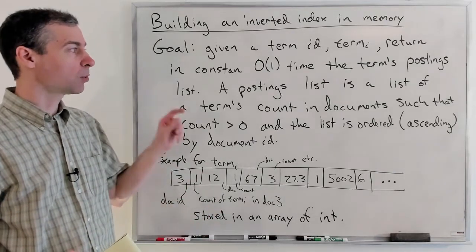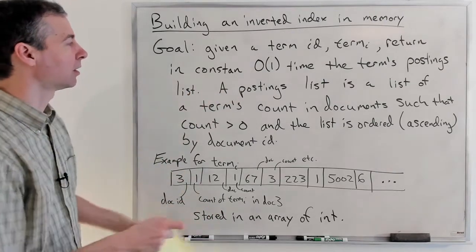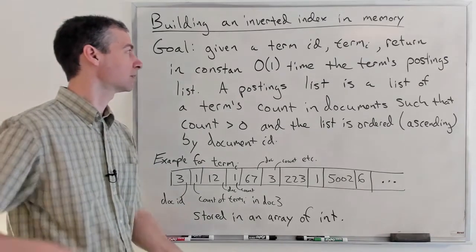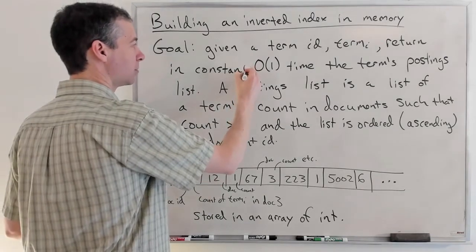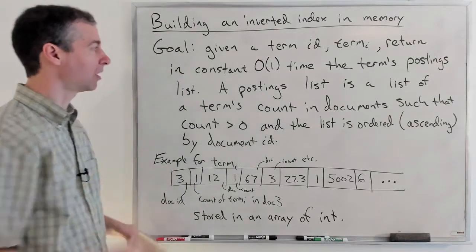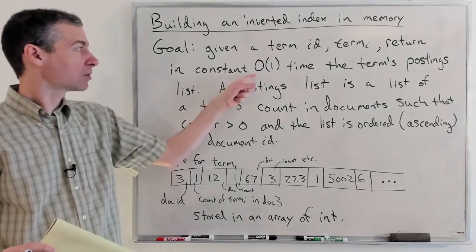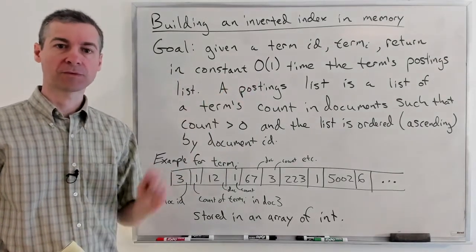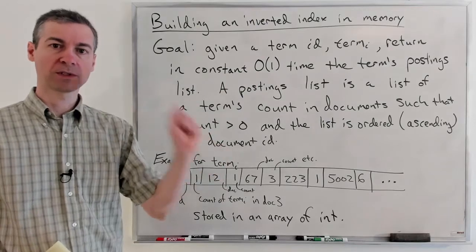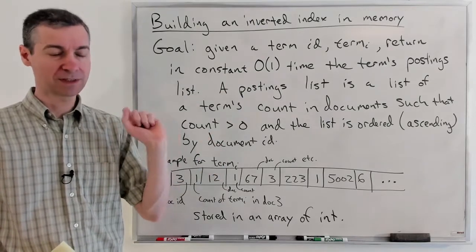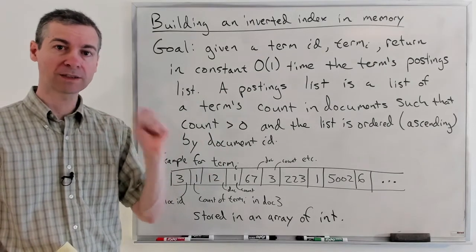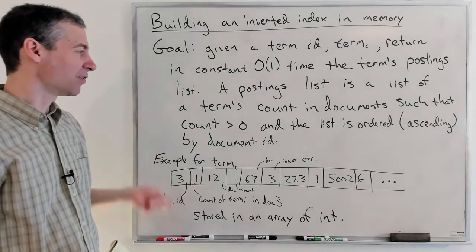An important thing is we want this inverted index to be able to work such that it returns this in constant time. It's like, give me this postings list, boom, it gets it, it returns it, everything is good.